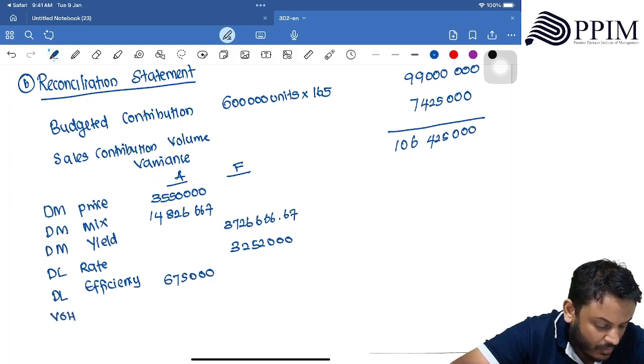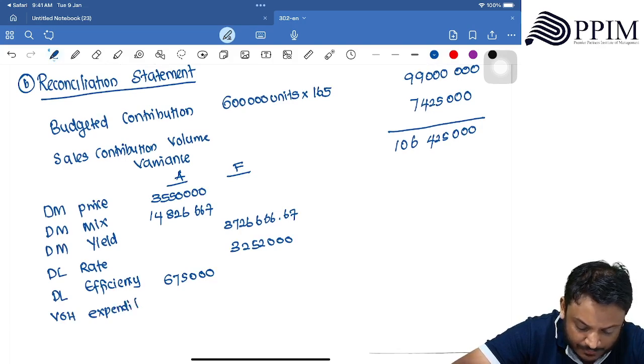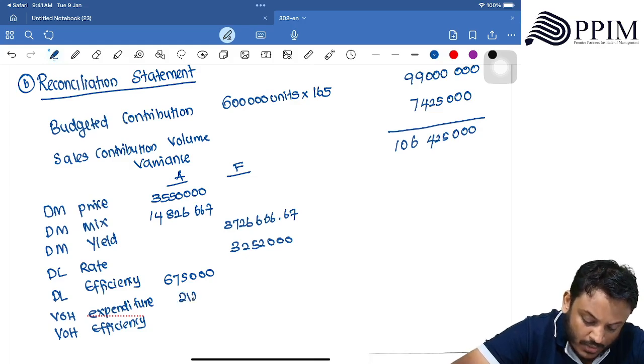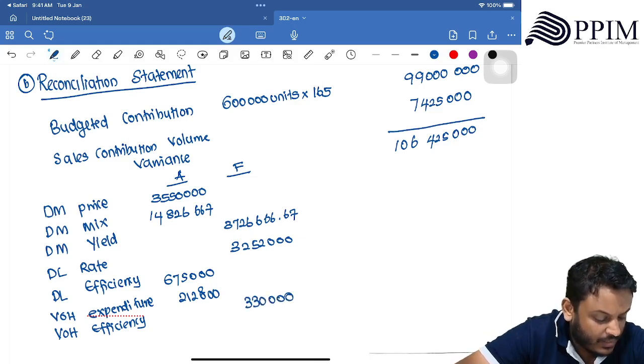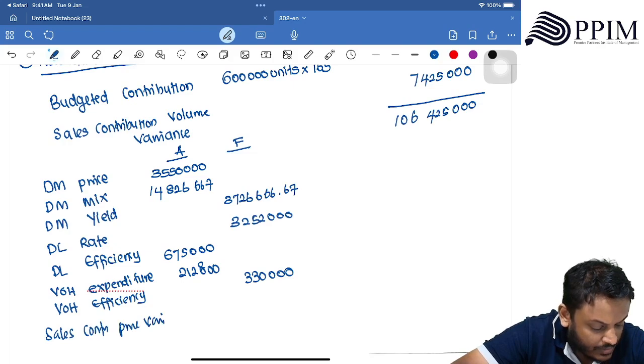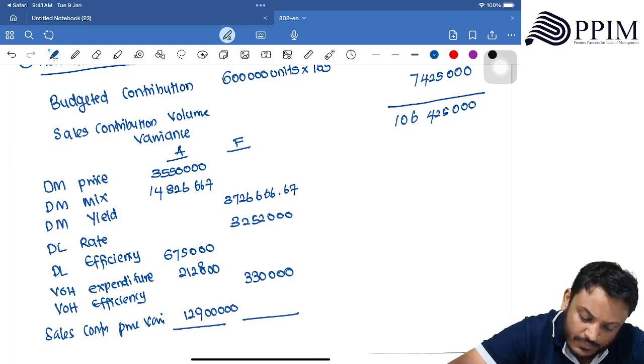Then variable overhead expenditure variance and variable overhead efficiency variance. Expenditure variance 212,800 favorable given in the question, 330,000 favorable. Sales contribution price variance 12,900,000 we calculated.